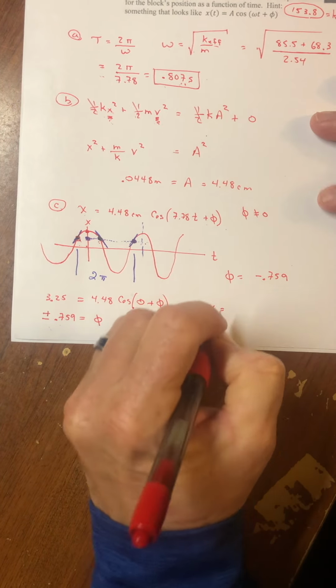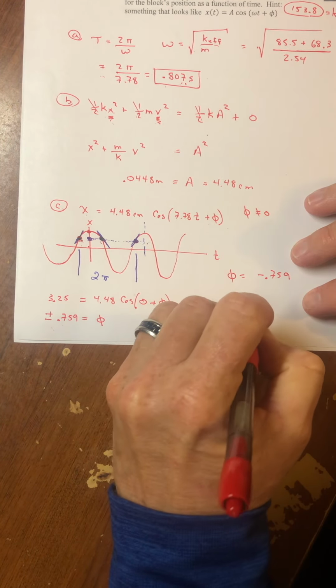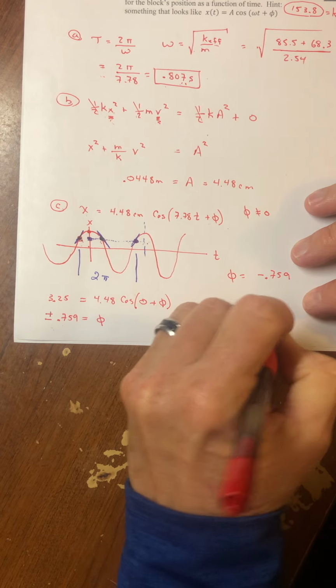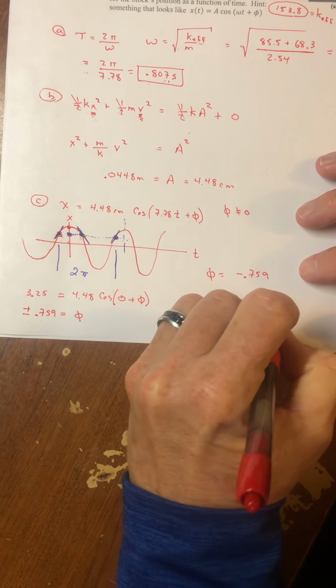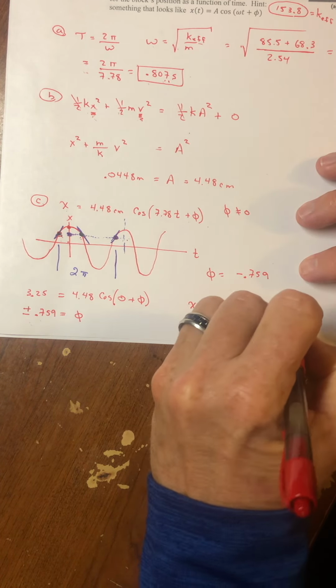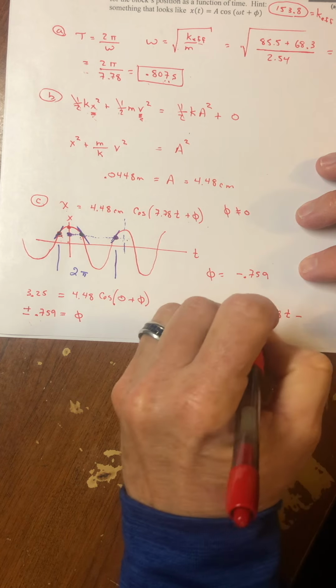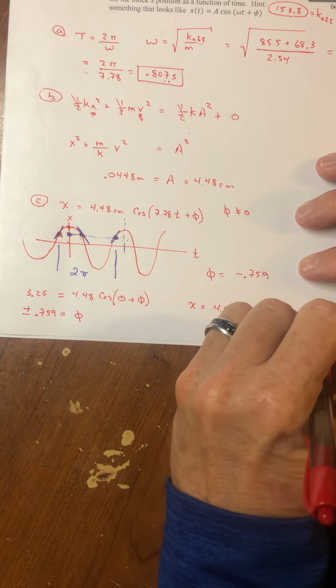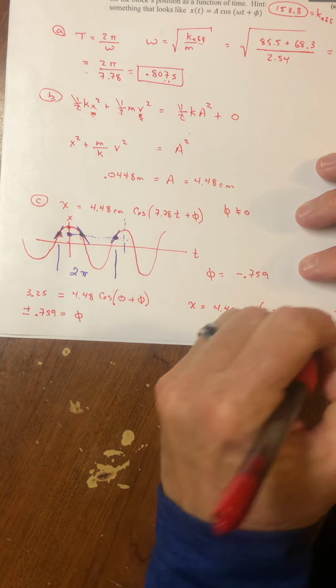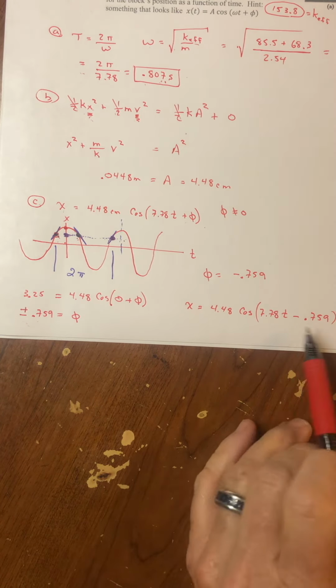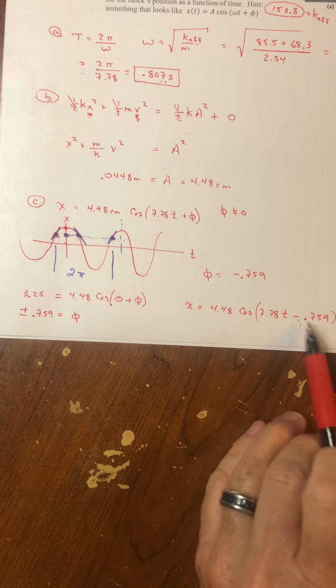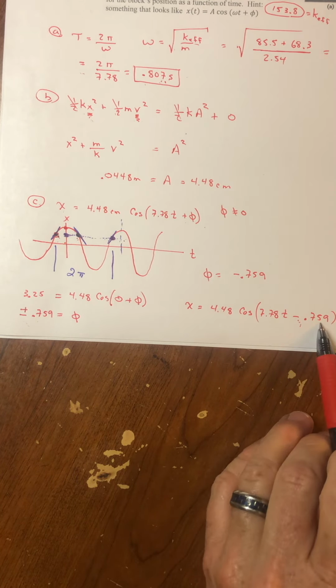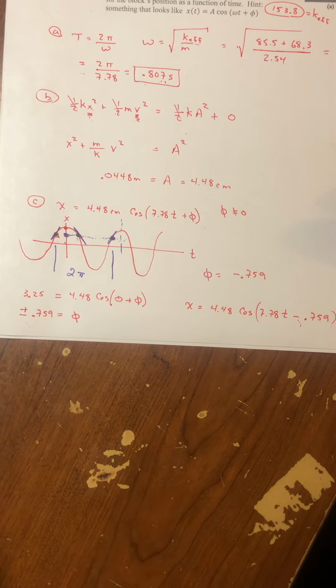So the total answer here would be 4.48 for the amplitude, cosine, 7.78 for the angular frequency, and an initial phase of negative 0.759.